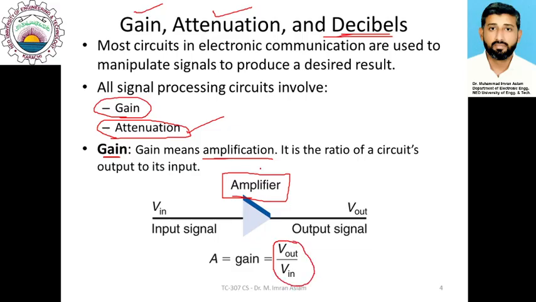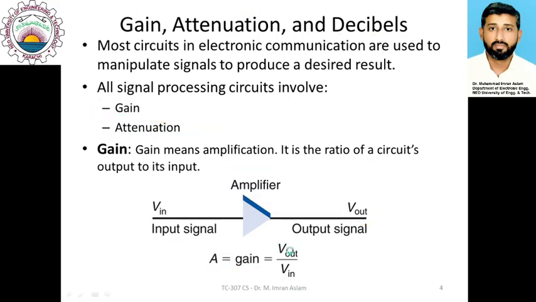If you have an amplifier which provides certain amplification to the voltage signal, it will be represented like this. This amplifier has a certain gain, which I have illustrated by A. This A can be directly calculated by dividing these two. As we are focusing on voltages, this gain is named voltage gain.